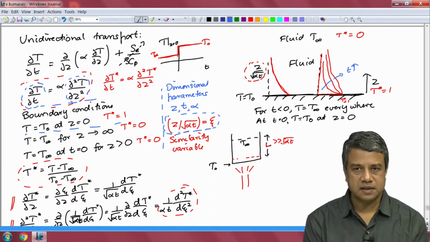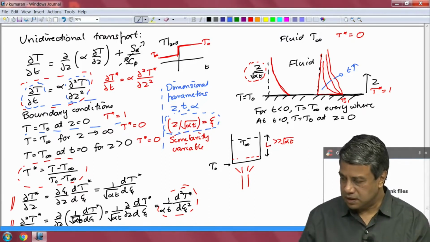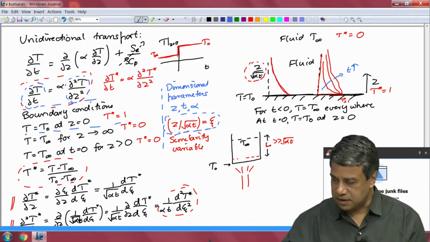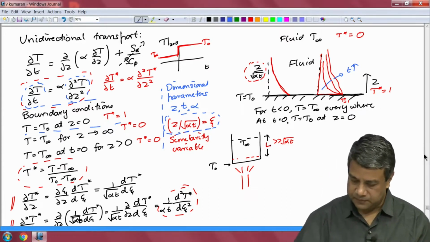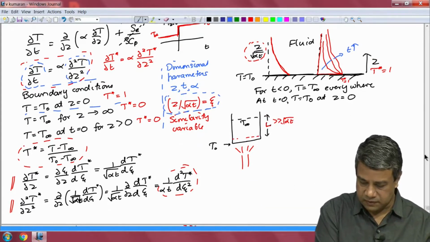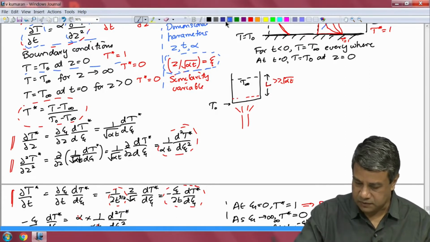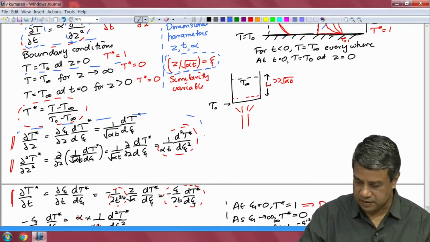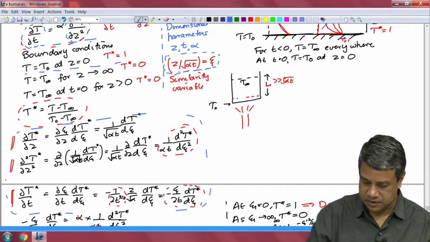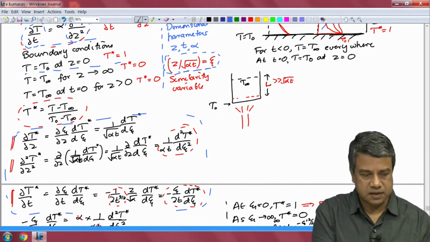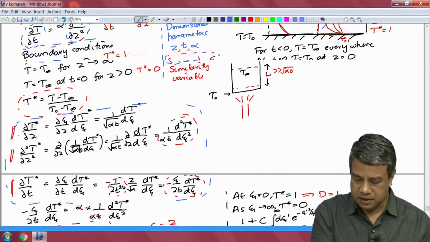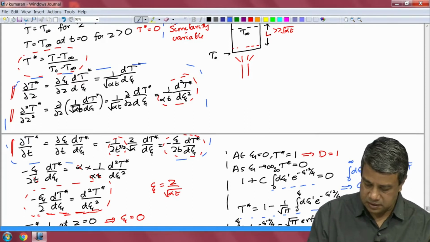We had expressed the temperature equation in terms of the similarity variable psi using the chain rule for differentiation, for the first and second derivatives with respect to time and with position, and based upon that we had got a similarity equation.